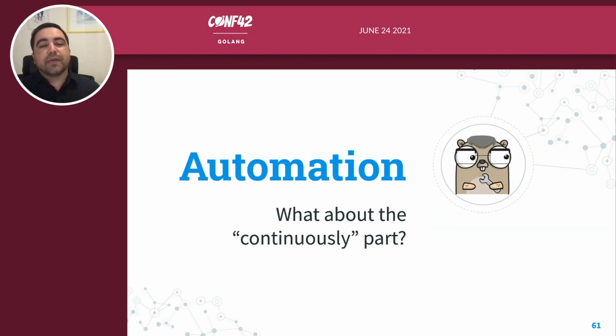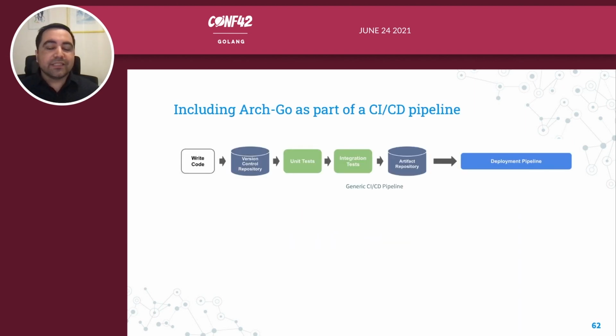At this moment, I'm sure that you are asking yourself, what about the continuous part in the title of this session? Well, let's talk about automation. A generic CI/CD pipeline contains several steps. The process starts when the developers write the code and push it to a version control repository.